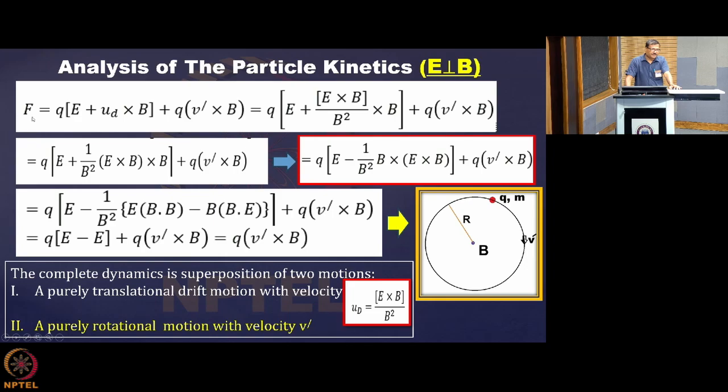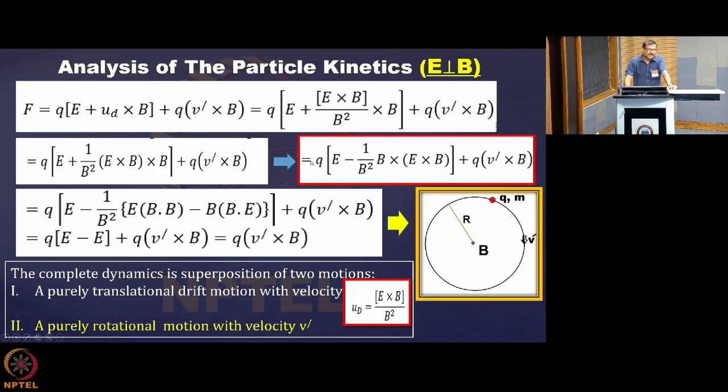So F, the force, is equal to QE plus Q ud cross B plus Q V dash cross B, because ud plus V dash I wrote there. Now ud, what we have done, is E cross B by B square. That is my choice. I have put it over here, and what I am getting now is QE, which I have got over here, then 1 by B square into E cross B cross B. Now this is a vector triple product, and here you must be very careful.